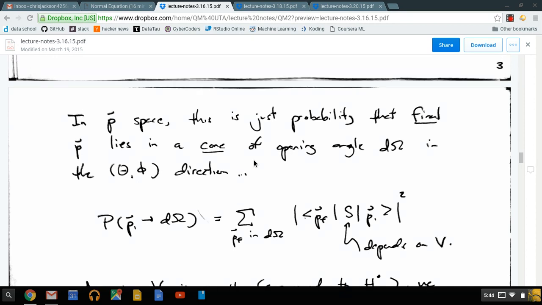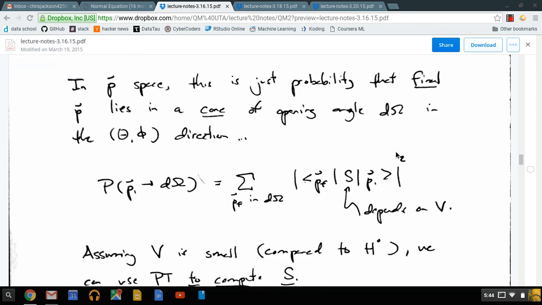So in other words, the momentum's pointing in a direction that's going to hit our detector, which has this opening angle. And so we can write down that probability, right? So here we're writing down the S matrix. So this is basically propagating our initial state to our final state, right? That's what the S matrix is.